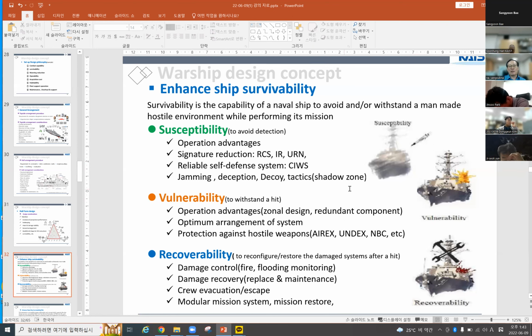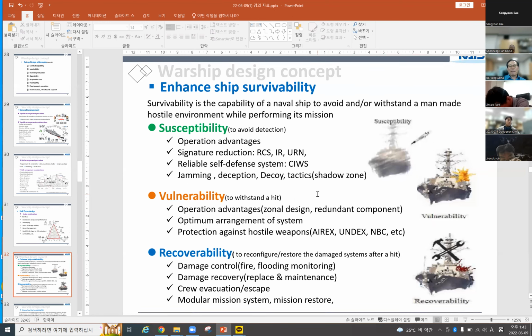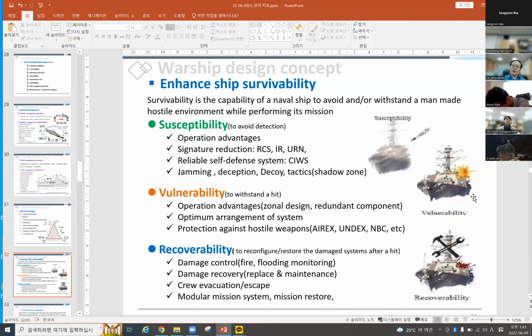Next is vulnerability, which is the capability to withstand a hit. Once the enemy attacks our ship, how do we withstand the hit? For that, there are operation advantages and general design.